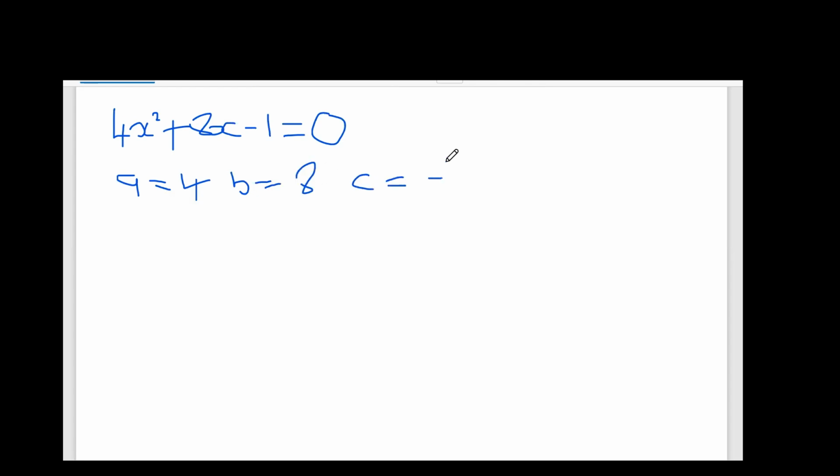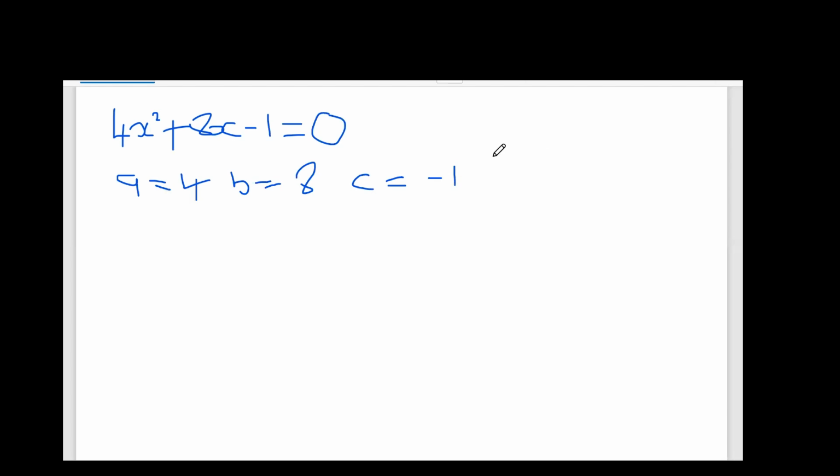So we can start. They have given us 4x squared plus 8x minus 1 is equal to 0. From this equation we can get our A, which will be equal to 4, then our B will be equal to 8, and our C will be equal to -1.